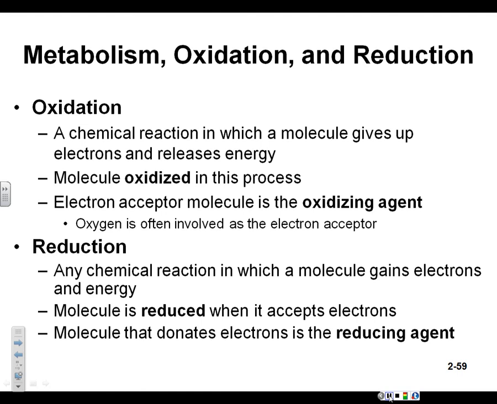Remember, sodium gave up the electron, right? It's the reducing agent. Chlorine is the oxidizer. But sodium was oxidized. Chlorine was reduced. But sodium is the reducing agent because it donated. Chlorine is the oxidizing agent because it accepted.